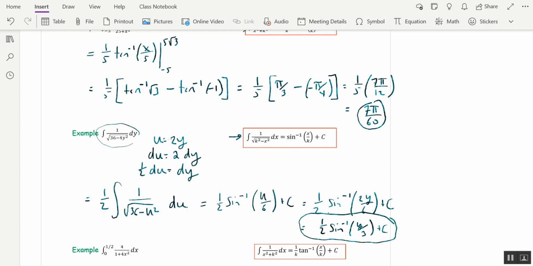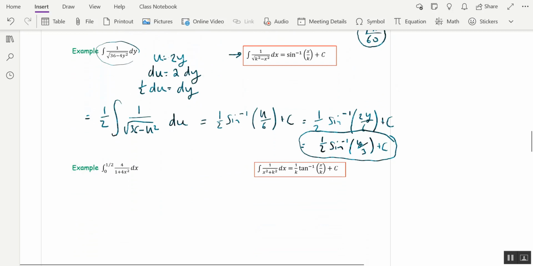Okay, why don't you try one? Pause the video and do this. This is a definite integral, so you want to change your limits. Okay, hopefully you did that. I'm going to let u, very similar to the one above, be 2x, so I can use this Bible formula. du is 2 dx. I have 4 dx, so 2 du is 4 dx.